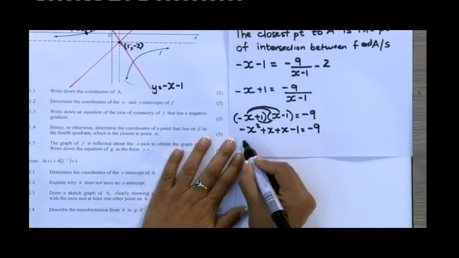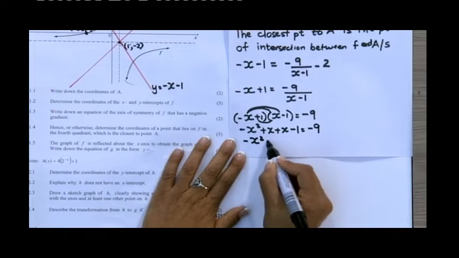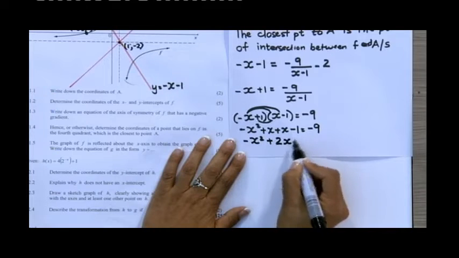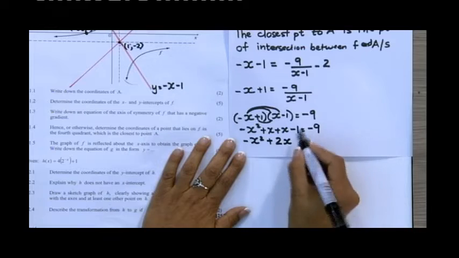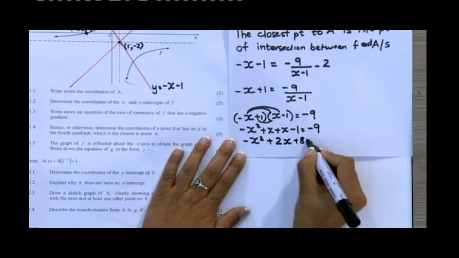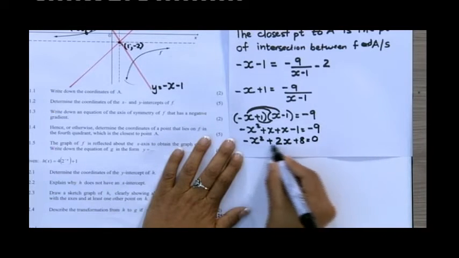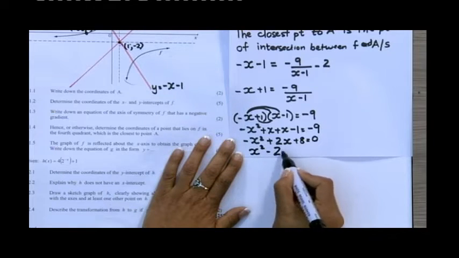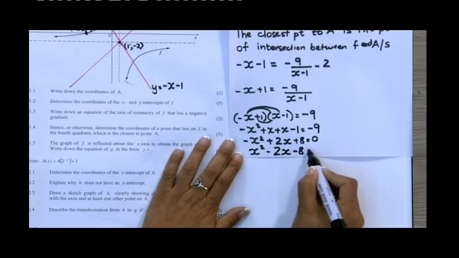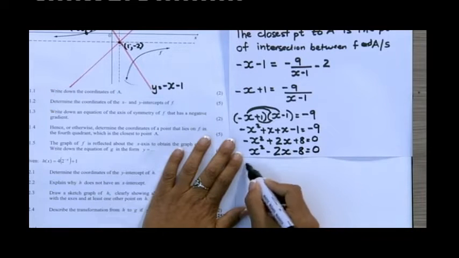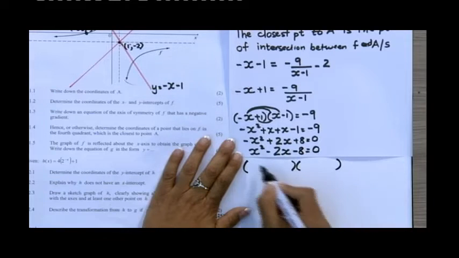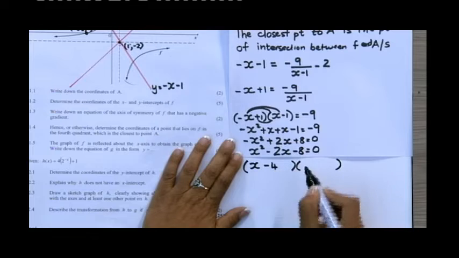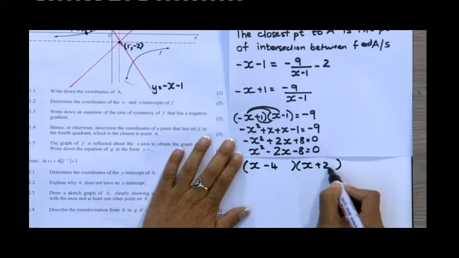Okay, so I have negative x squared plus 2x minus 1, bring that over, gives you plus 8, which is equal to 0. I'm going to multiply straight through by a negative because it makes my trinomial easier. And I have the following trinomial, which I'm going to factorize, x minus 4, x plus 2.